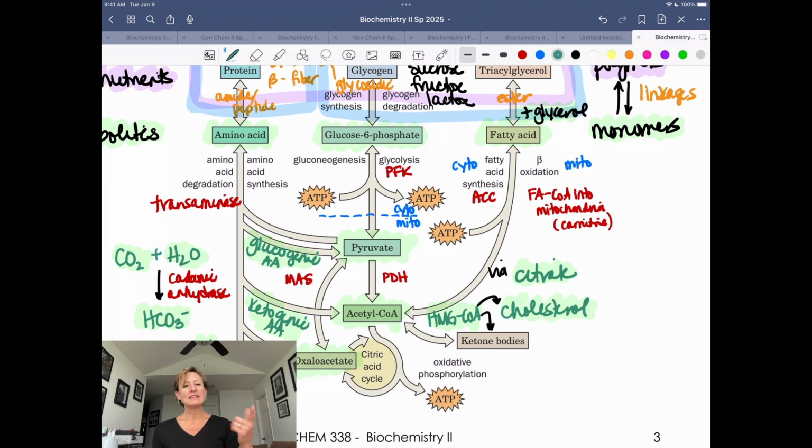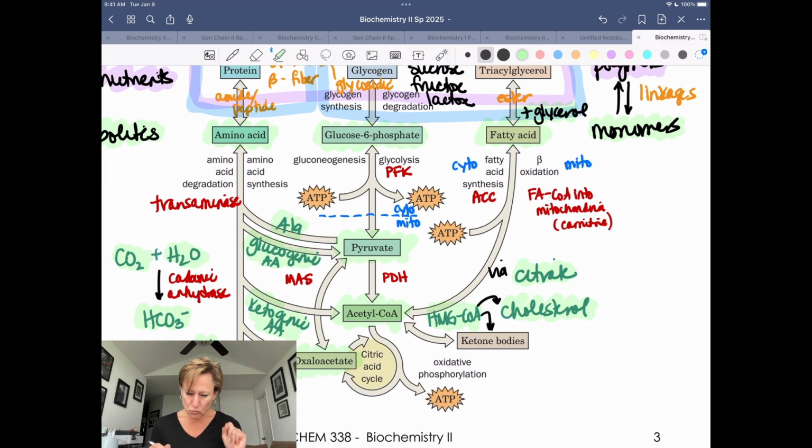And so one of the other relationships that we learned about is the amino acid alanine. So again, alanine is the alpha keto acid skeleton of pyruvate. Aspartic acid is the alpha keto acid skeleton of oxaloacetate.